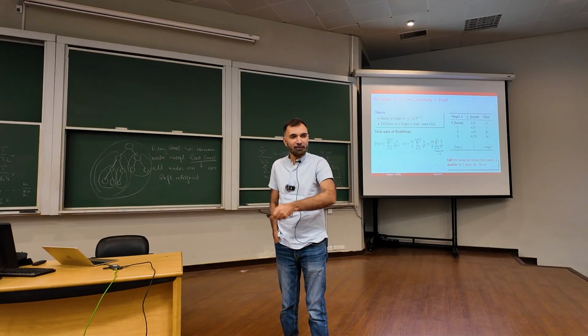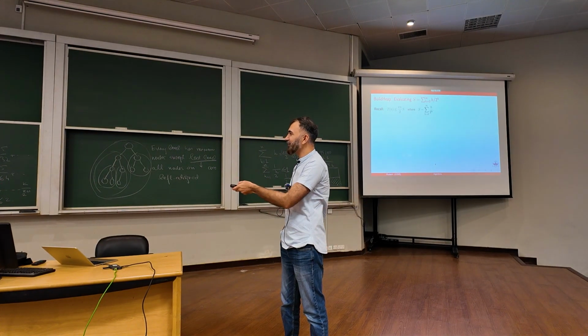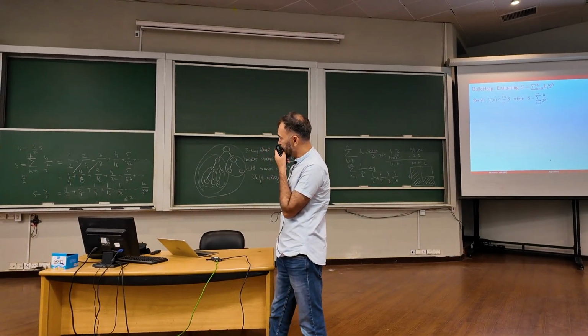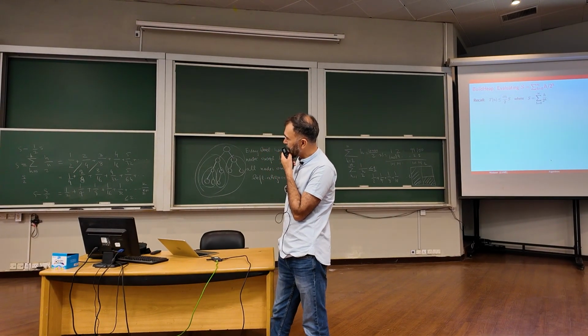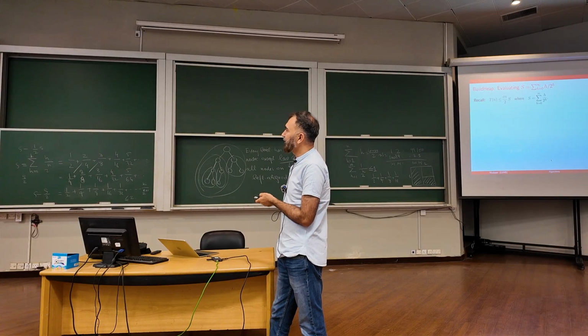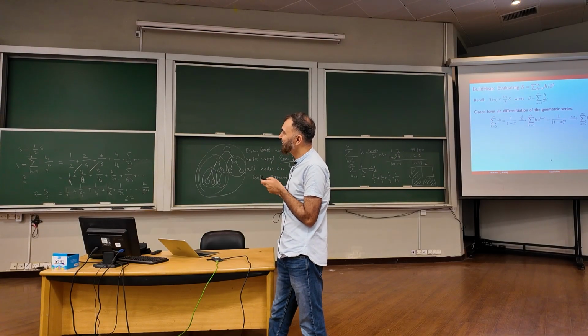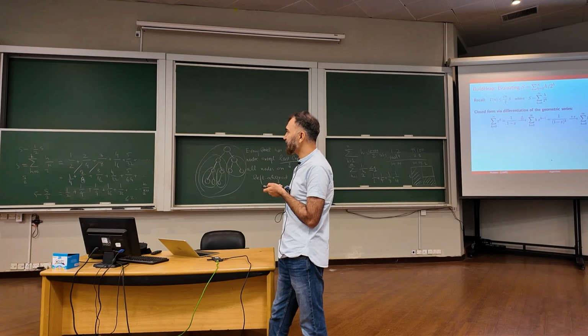Let's see how I did it. Okay, the monster way I did it. So this is what I did. This is the infinite geometric series of x to power k, and you get 1 over 1 minus x.